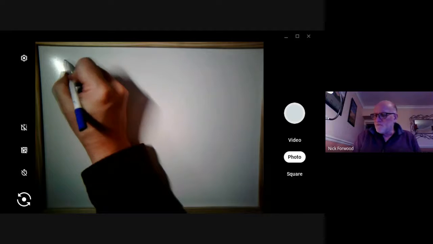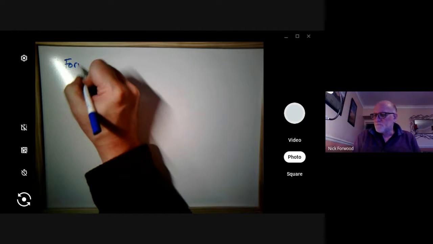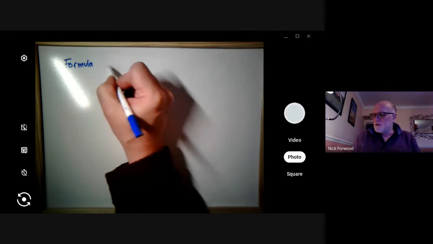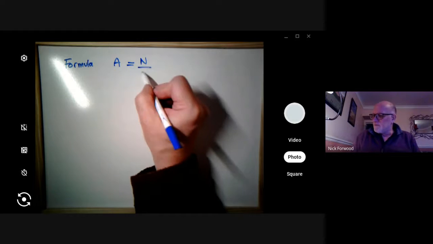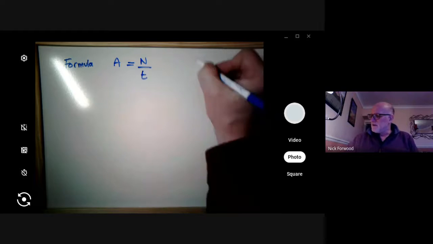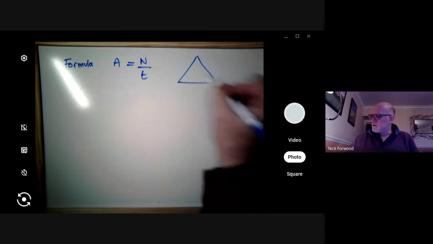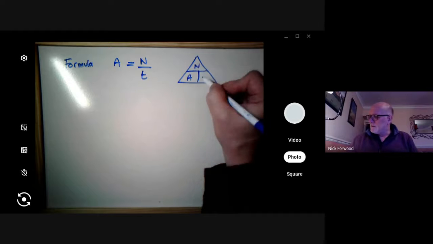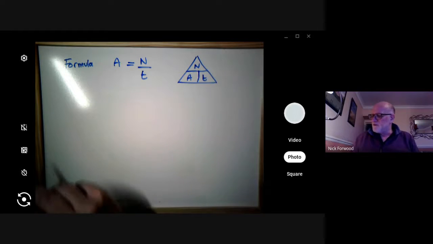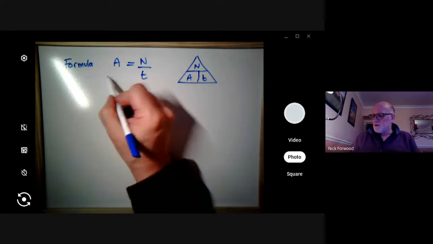Okay, so there is actually a formula that lets you work this out, and the formula is A equals N divided by T, and there is a triangle for that, A, N, and T. Now, what do these three things mean? You can probably work it out.